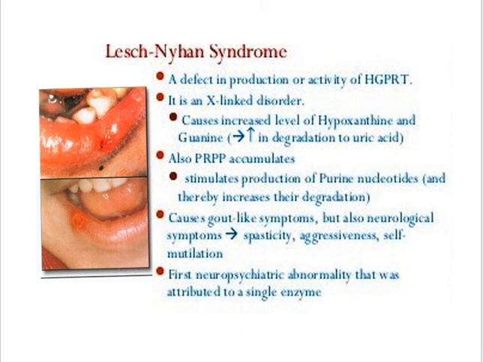This Lesch-Nyhan syndrome is also characterized by some neuropsychiatric symptoms like spasticity, aggressiveness, and self-mutilation. Self-mutilation is the condition in which there is biting of lips, fingers, and hands.